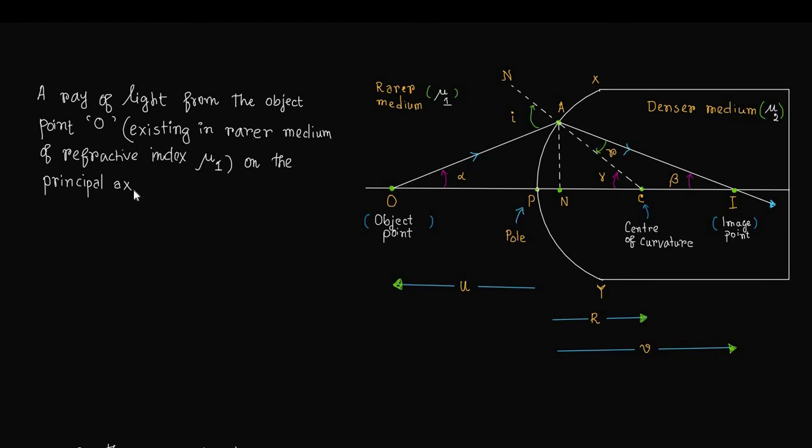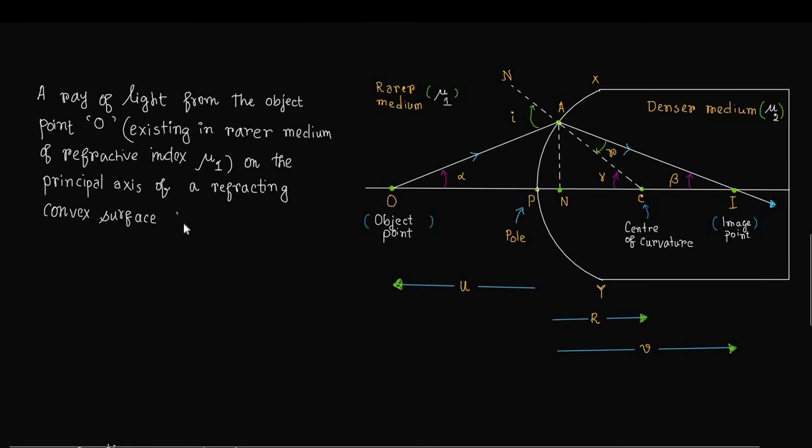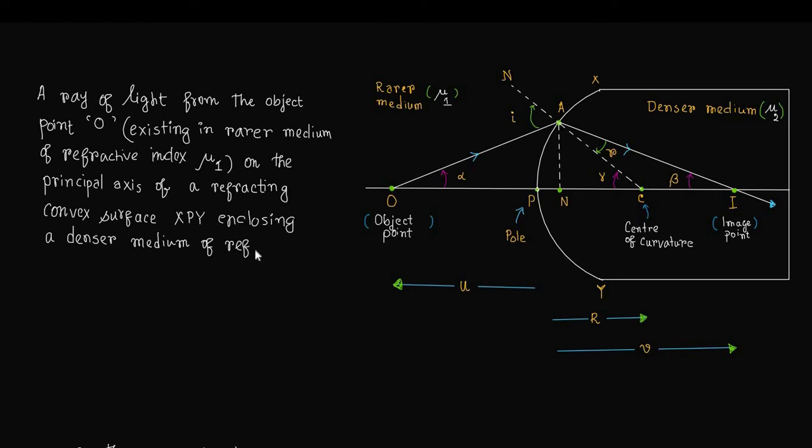In this case, the object point O exists on the principal axis PO of a refracting convex surface XPY enclosing a denser medium of refractive index mu2.